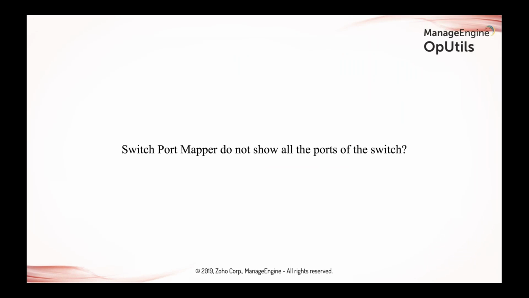For that, you can go to settings and switch port mapper, and you have an option to show all interfaces. So if you select this option, OpUtils will display all the ports of that particular switch. However, we will show the MAC address only against the ports for which we get a response from the bridge MIB.